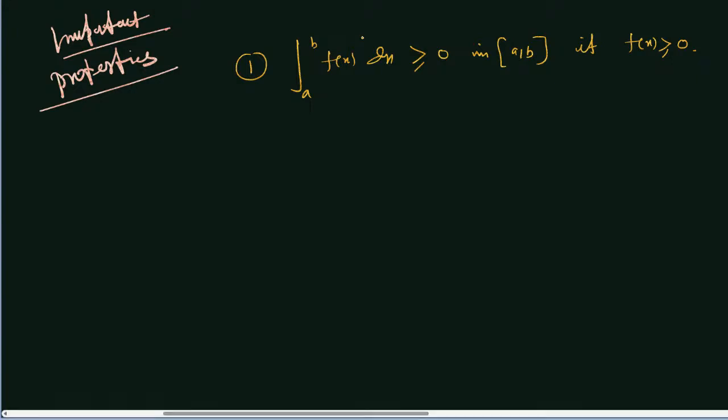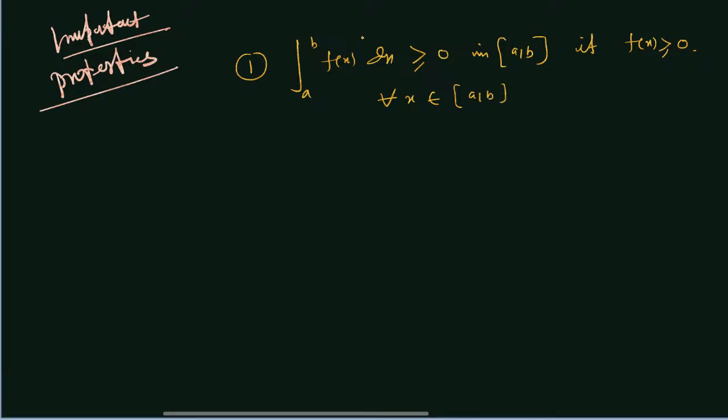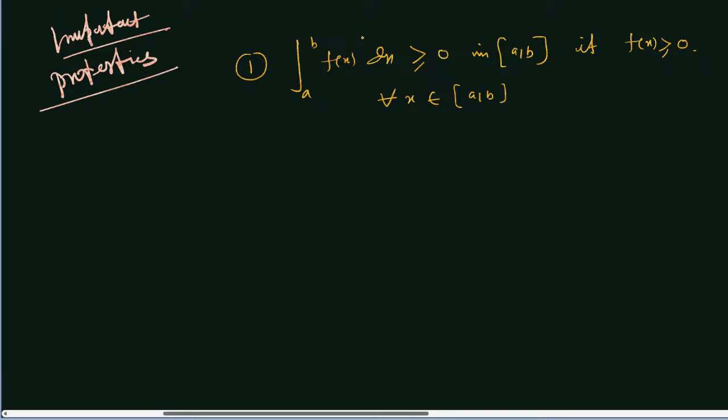Okay? Number 2, if f(x) is positive, a to b f(x) dx has to be positive for all x belongs to (a, b). This you haven't done before when you have done those 7 standard properties. Out of those 7 standard properties, what is required, that I will definitely tell you.